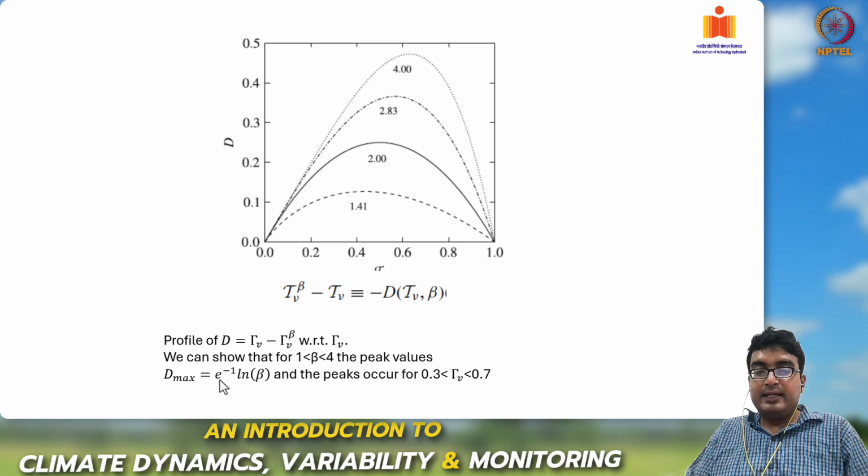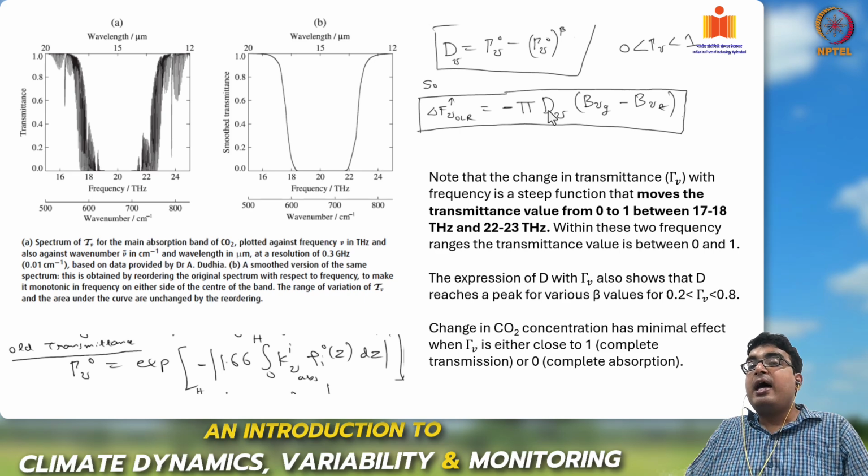Okay, we can get this expression directly from here, e to the power minus 1 log beta. It will be around 0.257. So here, d nu becomes 0.25.